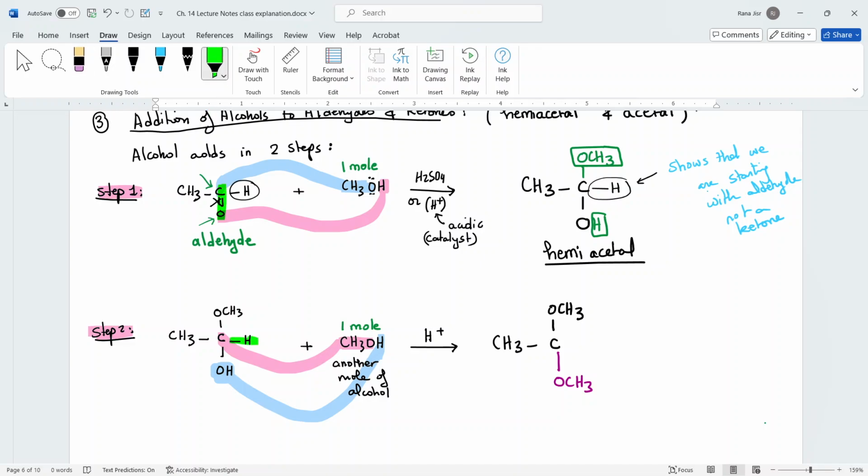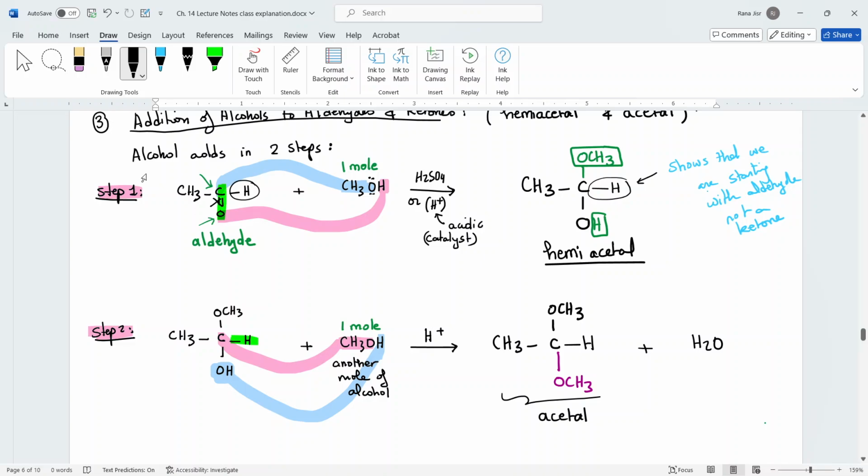I still have this hydrogen here. This hydrogen here is very important, and I need to put it just to show that I started with an aldehyde, plus my byproduct here, which is going to be water. This product that I'm forming here, I'm going to call an acetal.